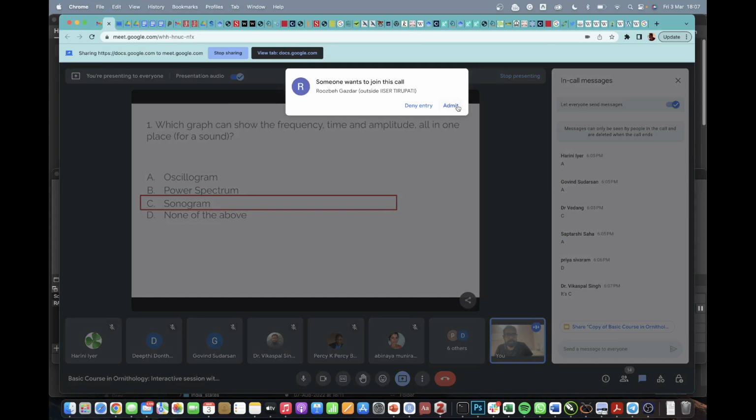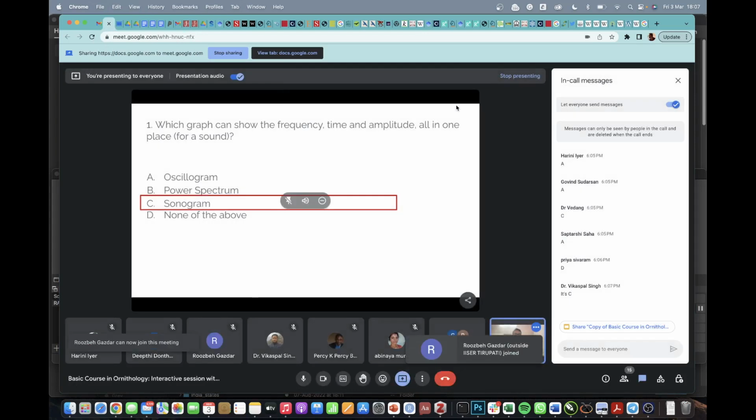It is C. So yes, I know it's called spectrogram, but that's the technical term. But there's another term for it. It's called sonogram as well. So it's a graph where you have frequency, time, and amplitude.